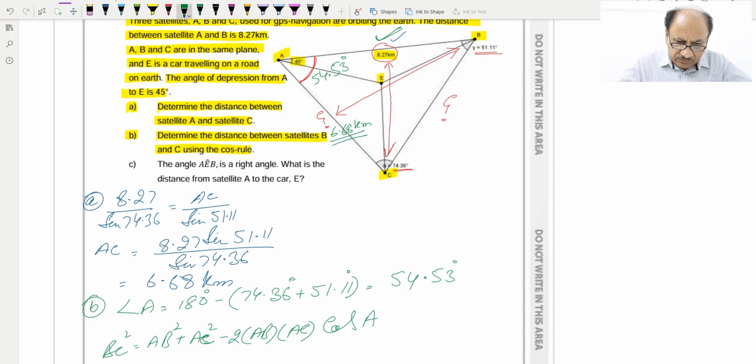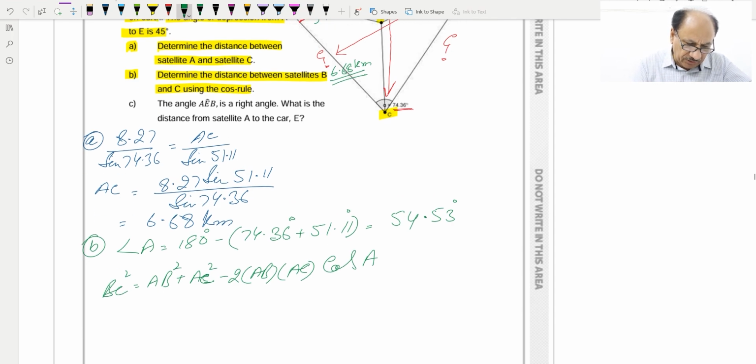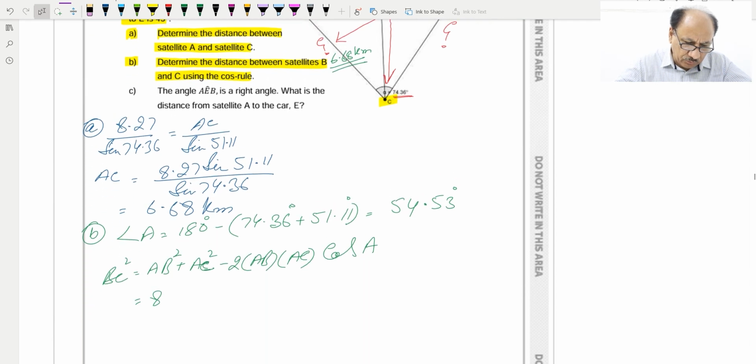times cos of angle A. We will be replacing values. AB is basically given, which is 8.27.